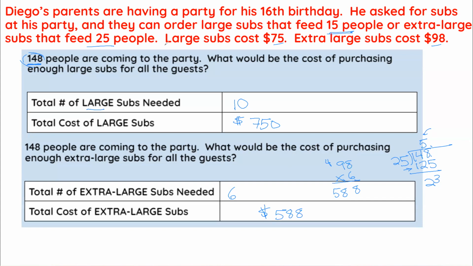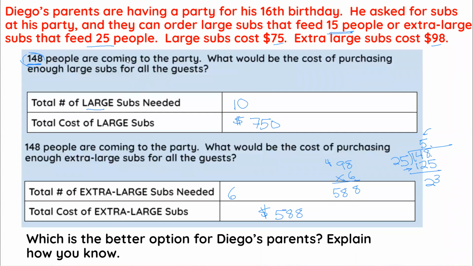So then the final question is, which is the better option for Diego's parents? Explain how you know. So I would write on my paper or type in the text box. The better option for Diego's parents is the extra large subs. And when I wanted to explain my answer, I would show mathematically why that's a better deal.